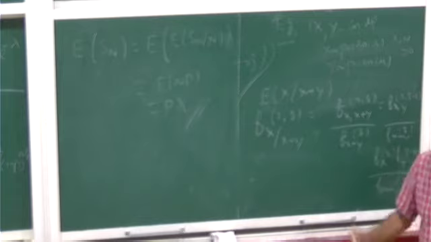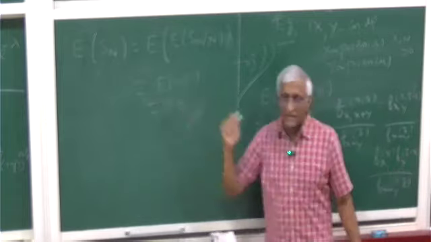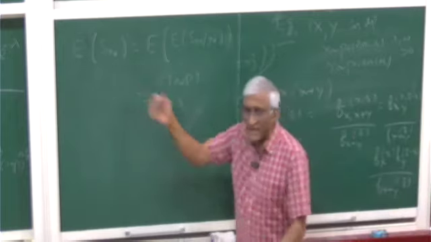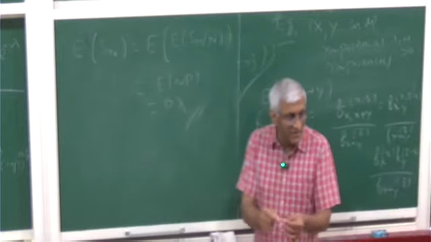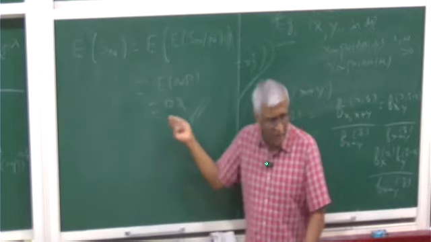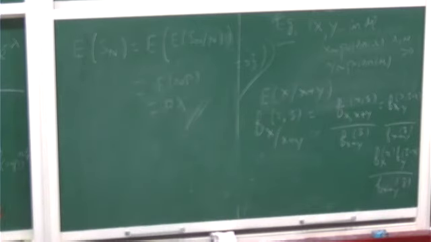We know the expectation of n is lambda. So Sn has expectation p times lambda, which is expected: each variable has mean p, and the number of terms n has expectation lambda. So it should be p times lambda. We should get the expected answer in probability too.